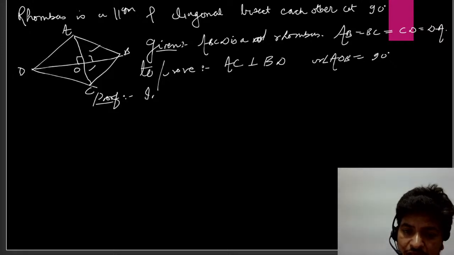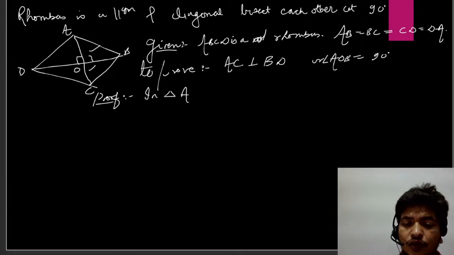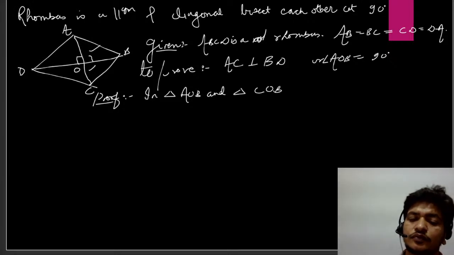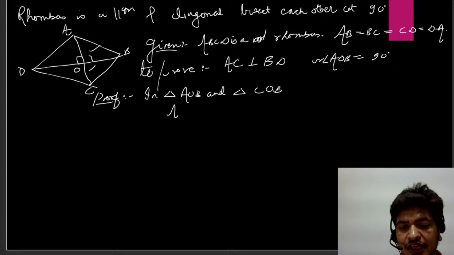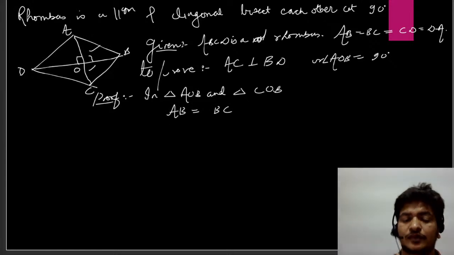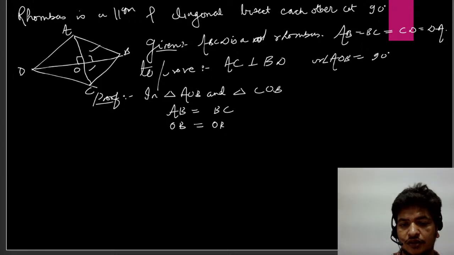सेम प्रूफ हम लोग यहाँ पे स्टेट करते हैं. सबसे पहले लिखेंगे इन ट्रायंगल AOB एंड ट्रायंगल COB. Done. First thing that we will write, that is AB that is equal to BC. First thing that is written. Second one, that is OB that is equal to OB. Why?